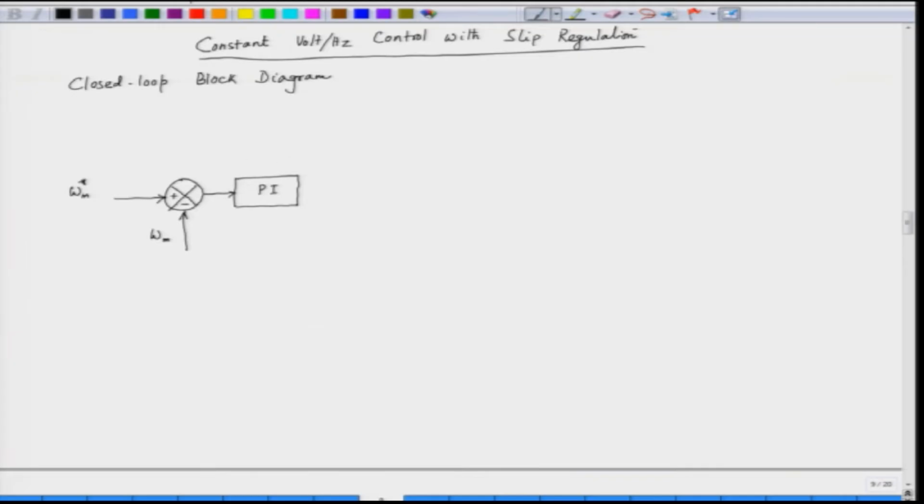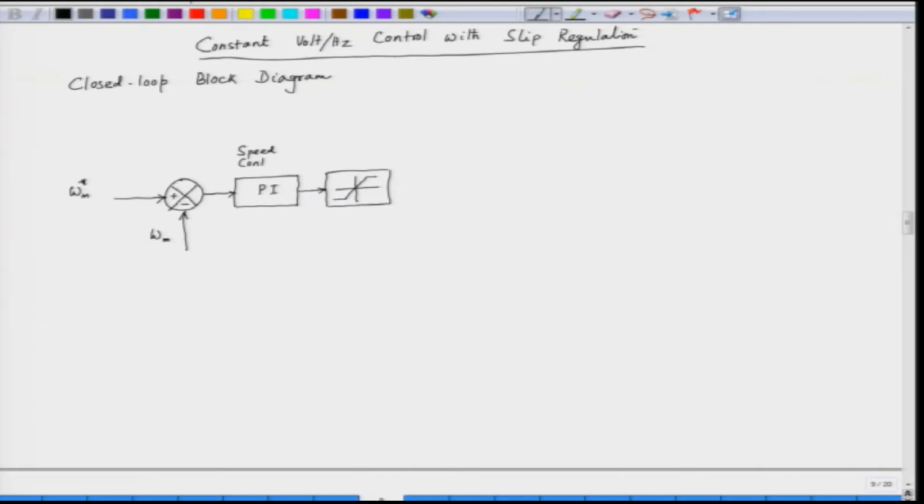This is called a speed controller as well, and the output of the PI controller goes to a limiter. The output can be very high, so we have to limit the output.